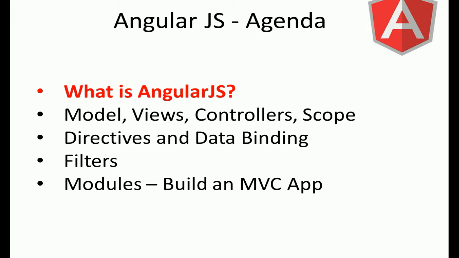From there, we will learn what a directive is and the data synchronization process known as data binding. Next, we will learn how to format our data with filters, and to conclude, we will review the critical Angular modules and use them to build a complete Angular MVC application with both HTML and JavaScript.